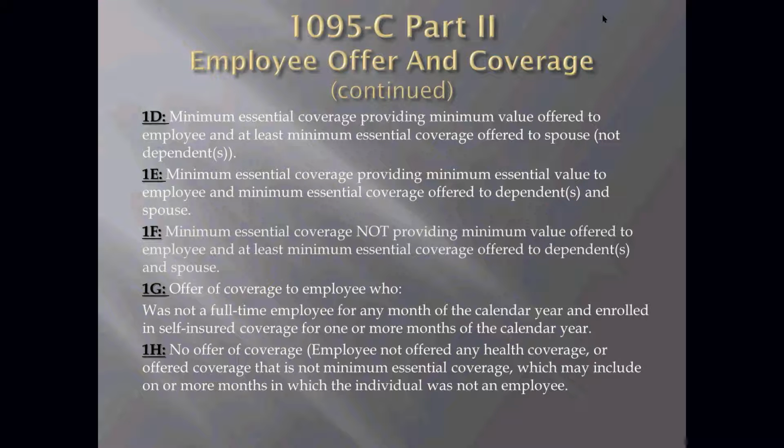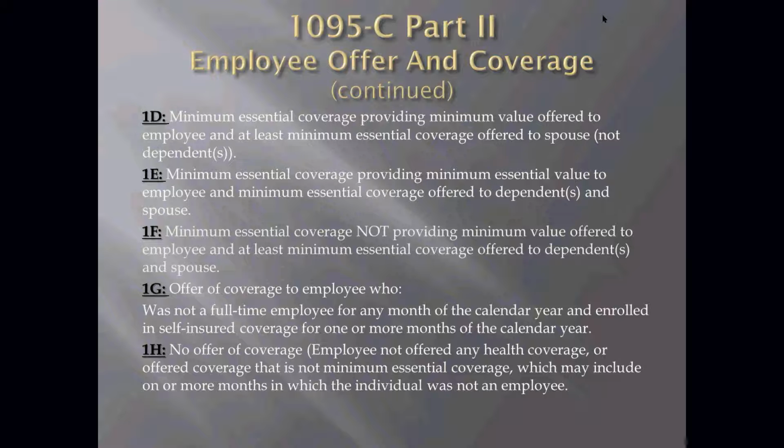So the codes that most of the folks on the call are really going to be focused on: code 1A, which is the code for providing coverage that meets everything for the Affordable Care Act and is less than 9.5% of the federal poverty level. Code 1E, which is if you're charging your employees more than that 9.5% of the federal poverty level, or more than that $93.17.